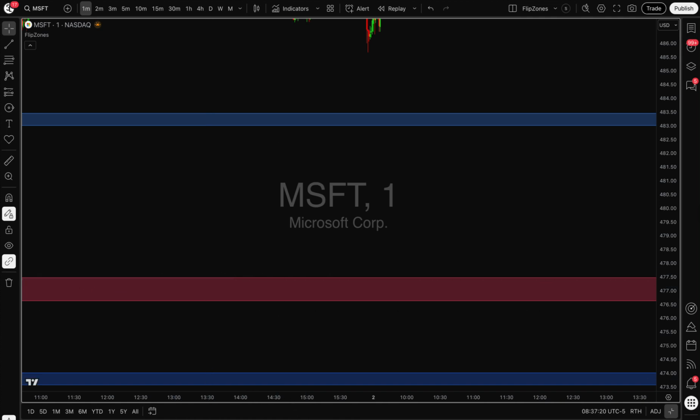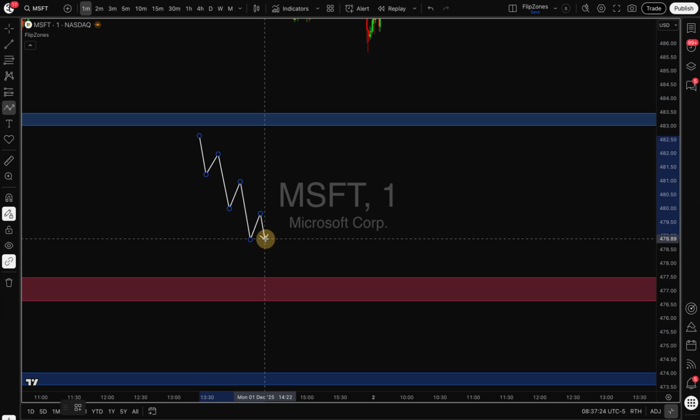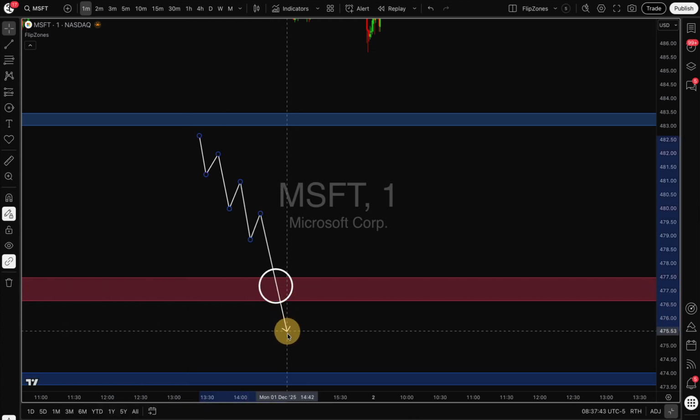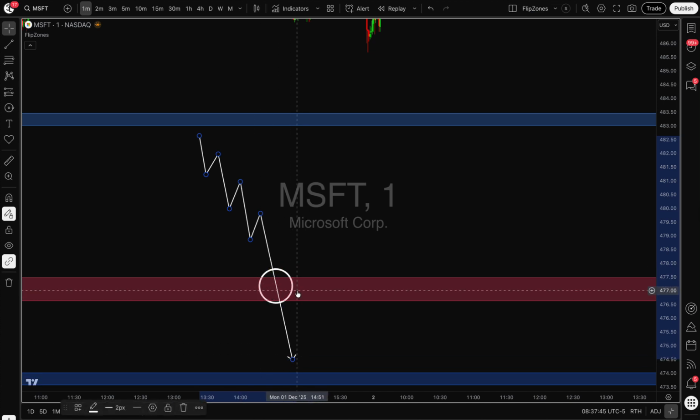What a lot of people will try to do, let's say price is coming down, is simply buy it when it comes into the zone. Now this will work sometimes, and it will work great because you will catch the bottom of the move. The problem is, what if price just slices through the zone and never comes back?